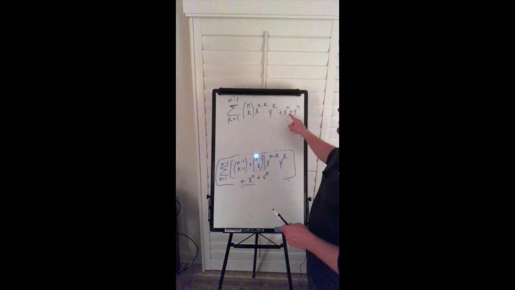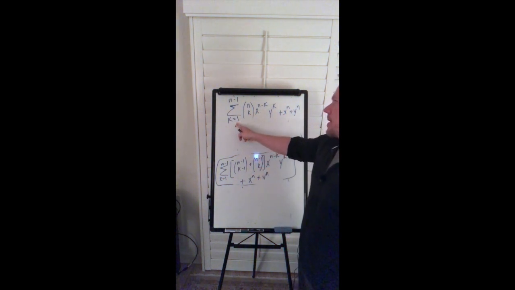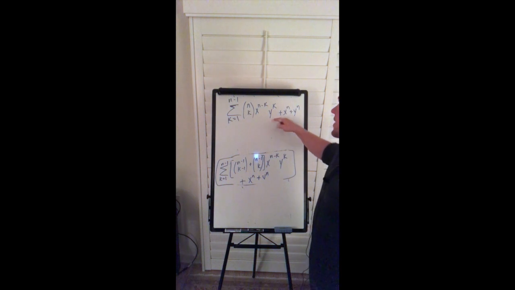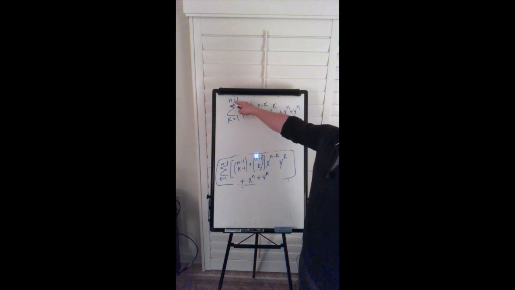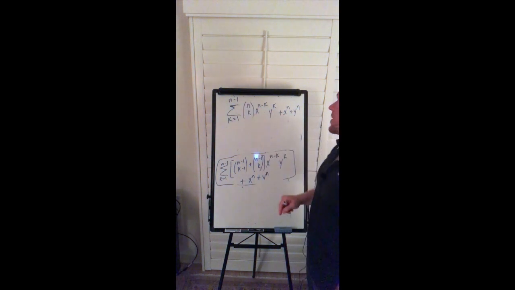Okay, let's combine these two into the summation. If k were 0, if we added another term in there, what happens? n choose 0 is 1, x to the n minus 0 is x to the n, y to the 0 is 1. We'd be left with x to the n. So we can add that in by just putting a 0 here. What happens when we increment this all the way up to n instead of n minus 1?